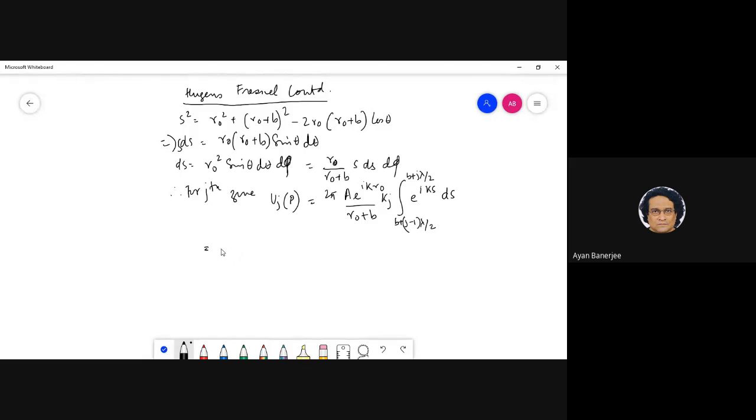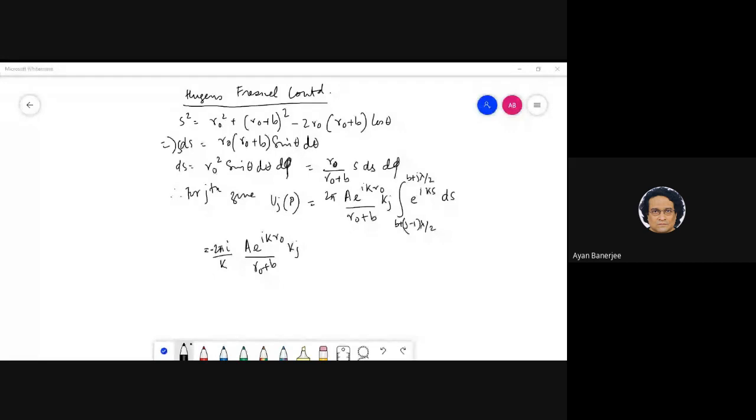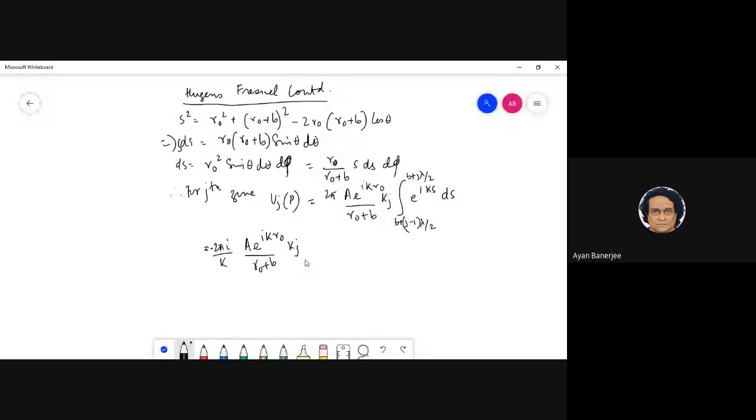So this is minus 2 pi i by k, e to the i k r0 (r0 plus b) Kj, and then this is essentially e to the i k s going from b plus (j minus 1) lambda by 2 to b plus j lambda by 2.